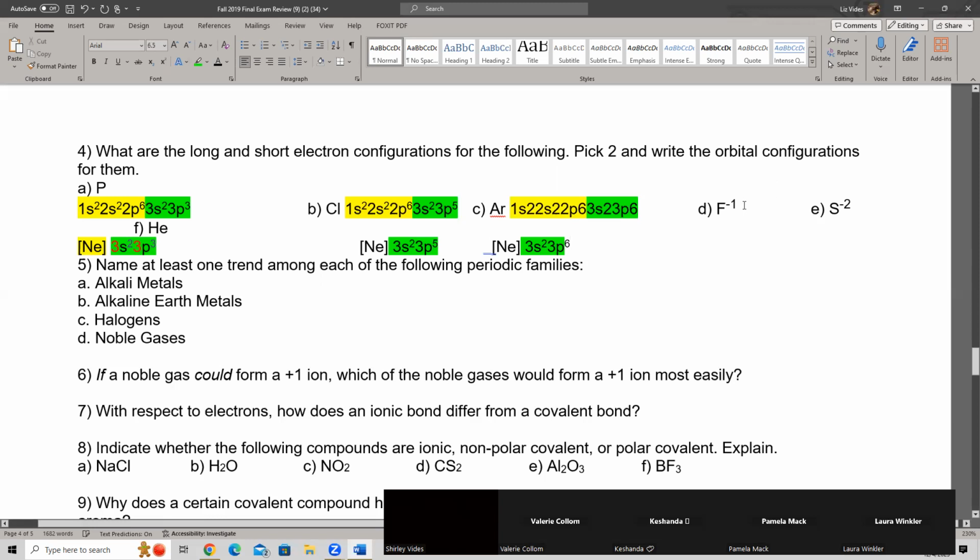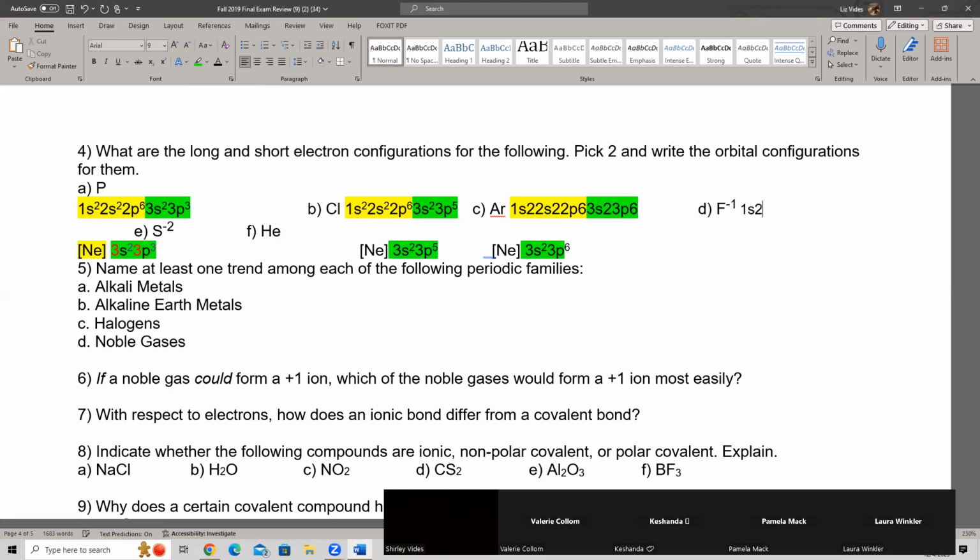Now fluorine. This one is interesting because we need to actually do the whole fluorine before we can get this one. Let's see, that was a 9, I think. All right, so 1s2, 2s2, fluorine is 2p5. Okay, so that's fluorine by itself.